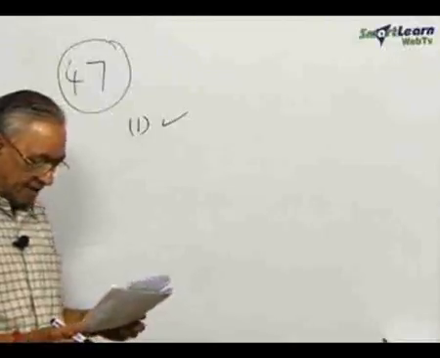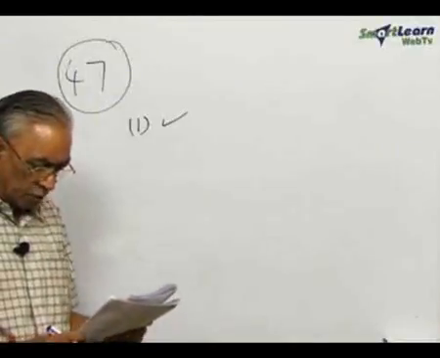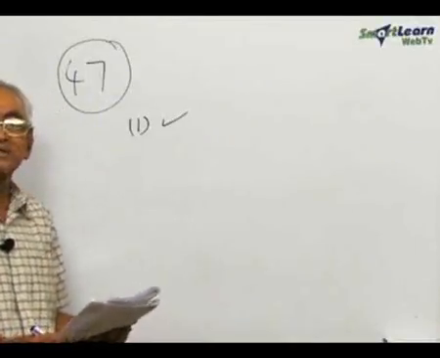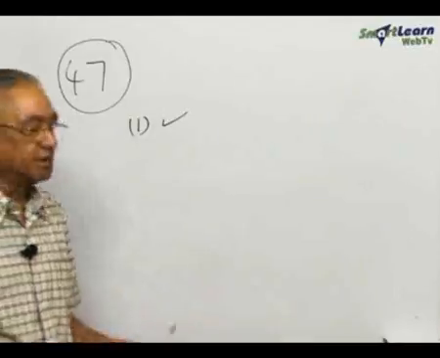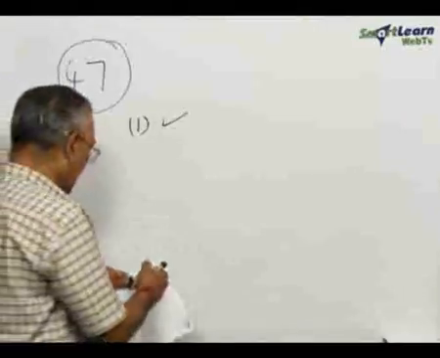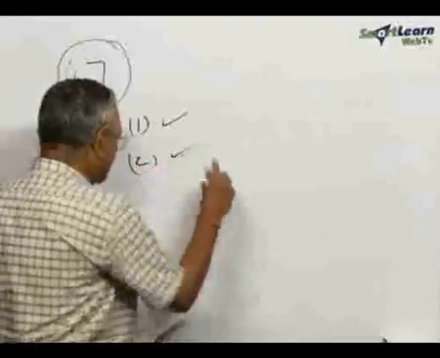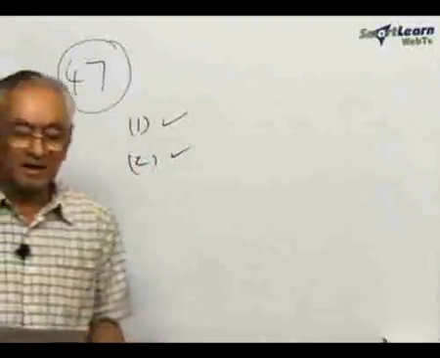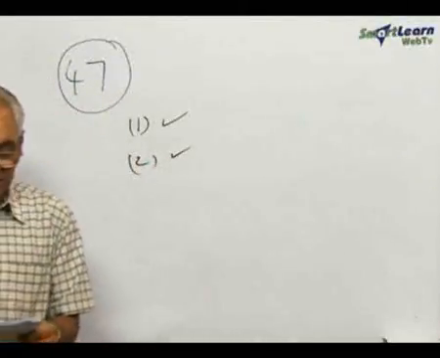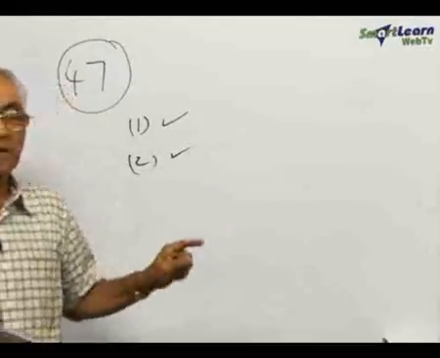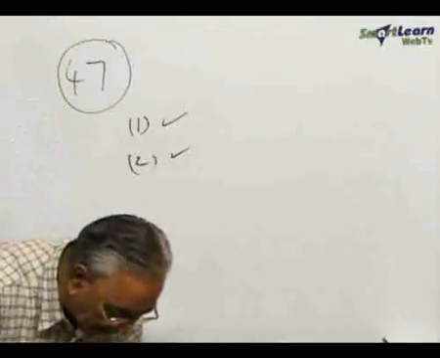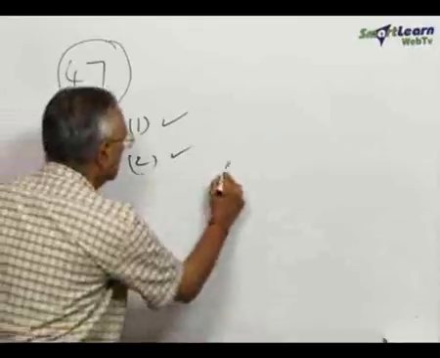Then the next statement is, in OF2 the bond angle is less than 109.28, that is the normal tetrahedral angle. This also appears to be a correct statement. The reason is, the bond angles are distorted due to lone pair of electrons. Actually the compound is OF2.